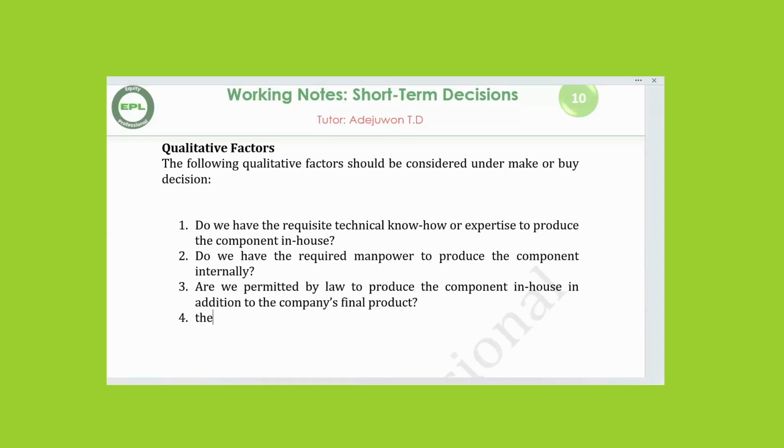Also, the degree of secrecy or proprietary information.